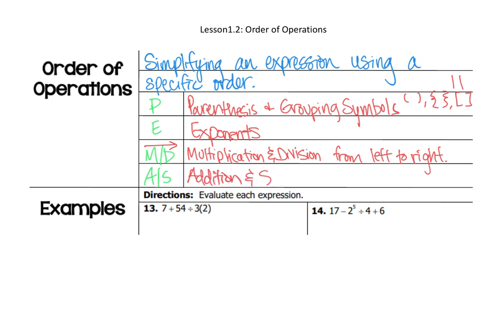That would come next. Again, this does not mean that addition is more powerful than subtraction. When you're down to only addition and subtraction left in an expression, you're doing whichever of these two comes first, from left to right. If subtraction is before addition, you're going to do the subtraction first.